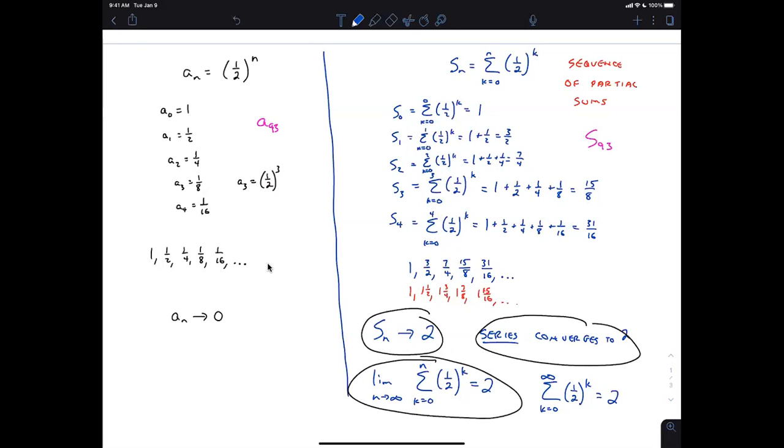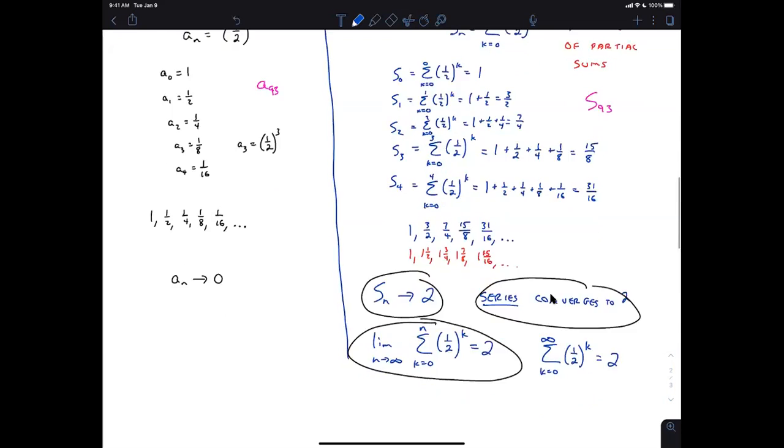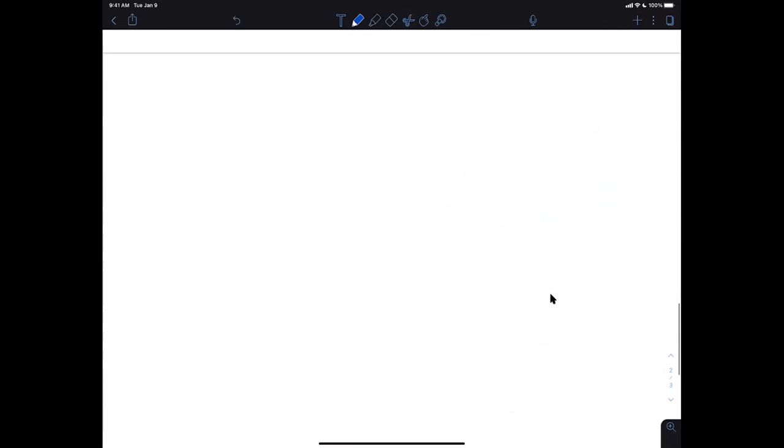All right, and so there's a clear pattern here on a geometric series. On the partial sums, there's a clear pattern. We're going to try to determine what that is. And so I'm going to look at a different one, not the 1/2 to the n one, but the sum k equals 0 to infinity of 1/5 to the k, just so it's a slightly different example from the one that we just did.